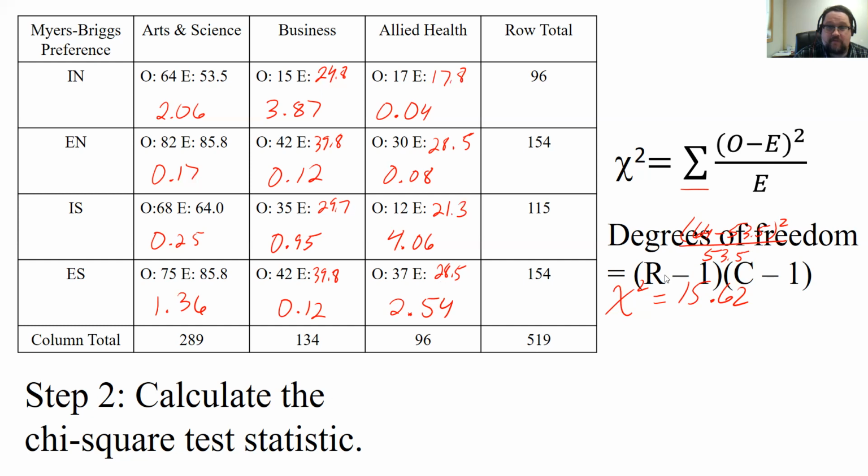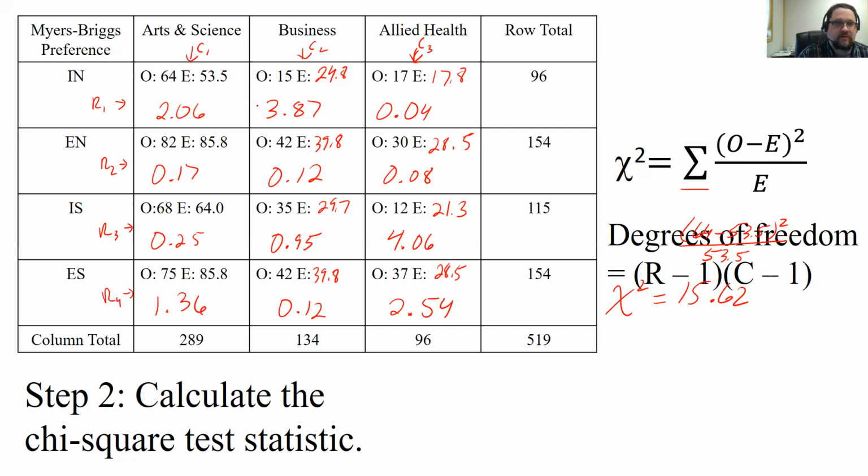Okay, but we also need, as I wrote on top of it, degrees of freedom. The degrees of freedom are the number of rows minus 1 times the number of columns minus 1. Now, when it says rows and columns, it's not of the chart, it's of the data. So we have 1 column, 2 columns, 3 columns, and we have 1 row, 2 rows, 3 rows, 4 rows.